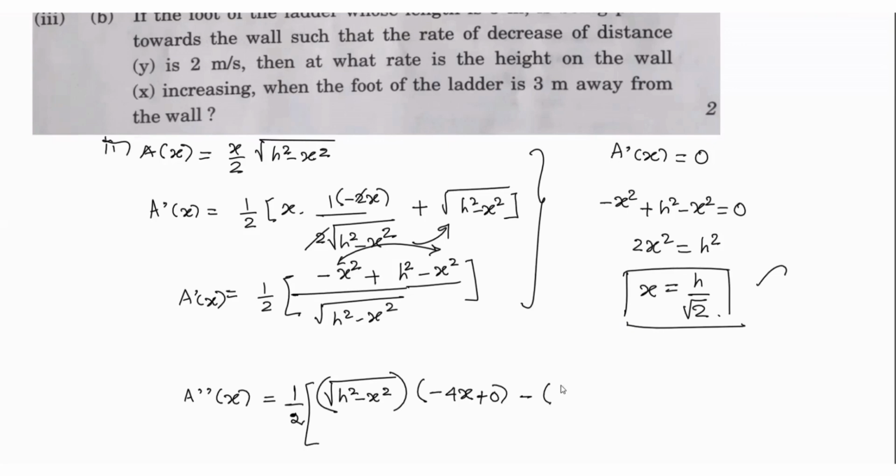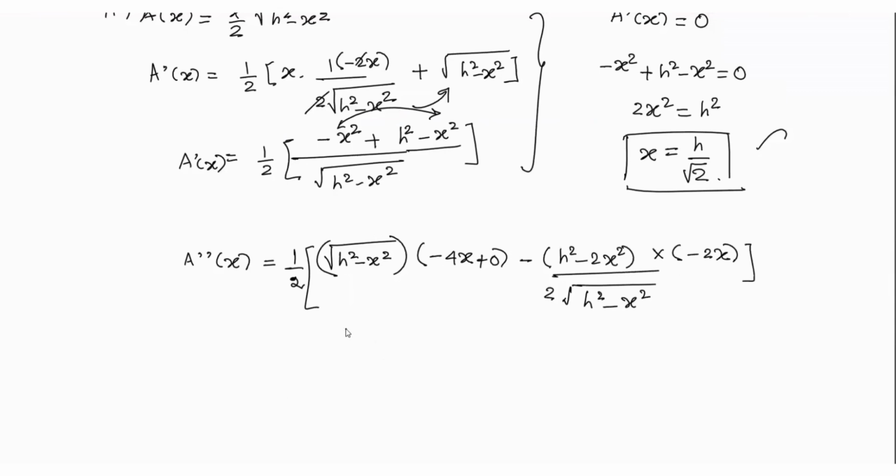So u is h square minus 2x square, divided by 2 into root of h square minus x square, into minus 2x, the whole divided by v square, which is h square minus x square.